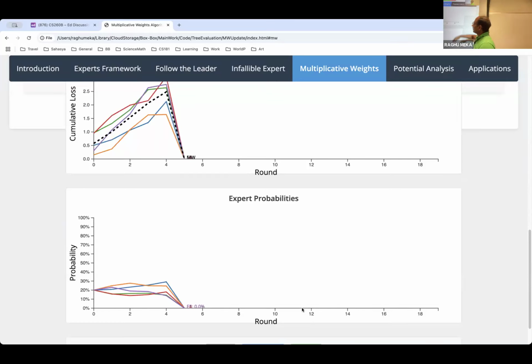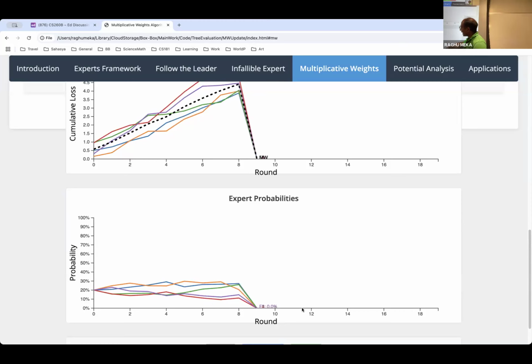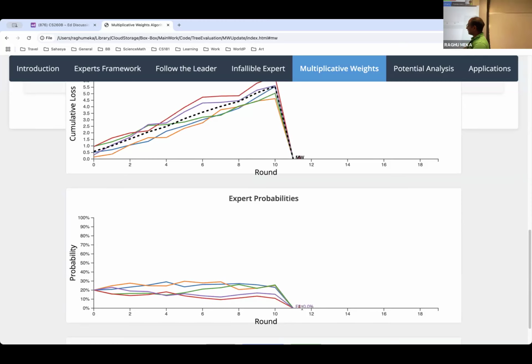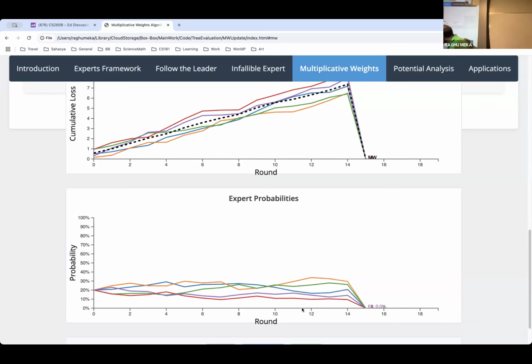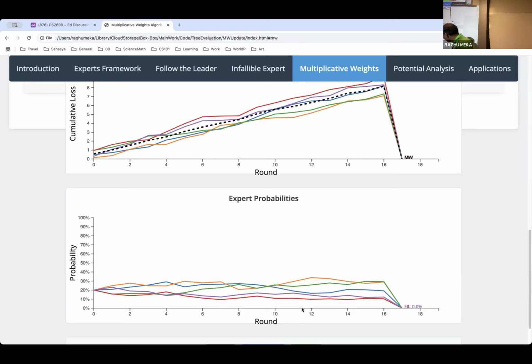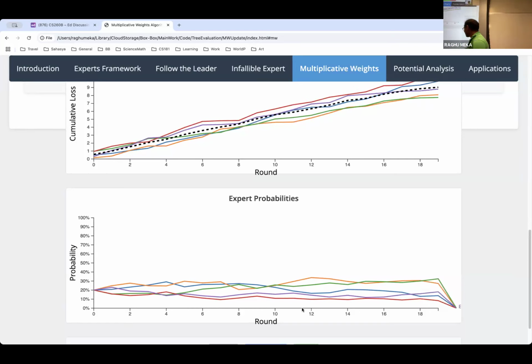Okay. So the losses are kind of the same, but the expert probabilities that we assign are really splitting apart, right? The red expert is not doing very well, and has very low probability. The orange expert was doing well, but somehow the green one overtook it.